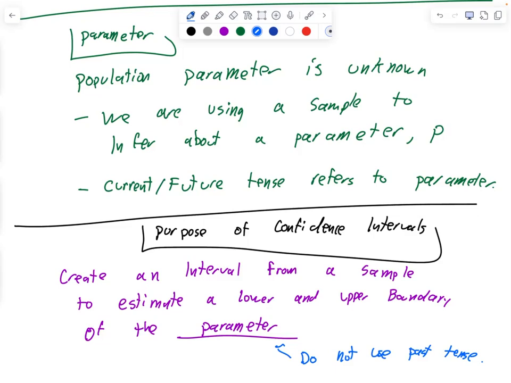Because we don't know, and the reality is, will we ever be able to find the true answer? Is it possible to find the real percentage of teens who text and drive? No, it's impossible. One, you can't catch everybody. Two, as we talked about at the end of class yesterday, people lie.